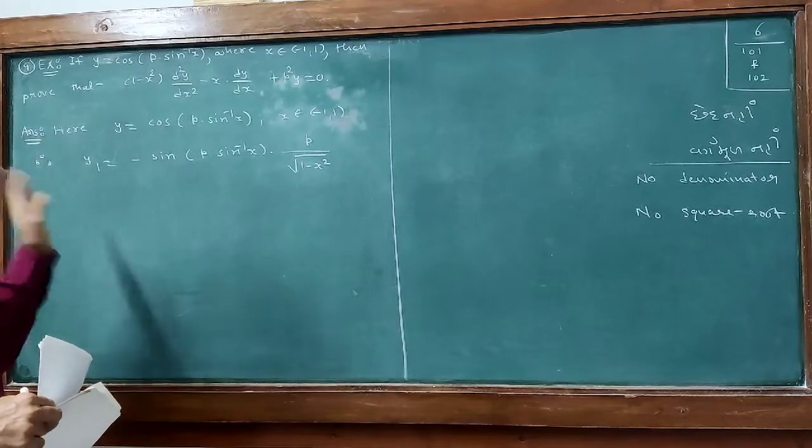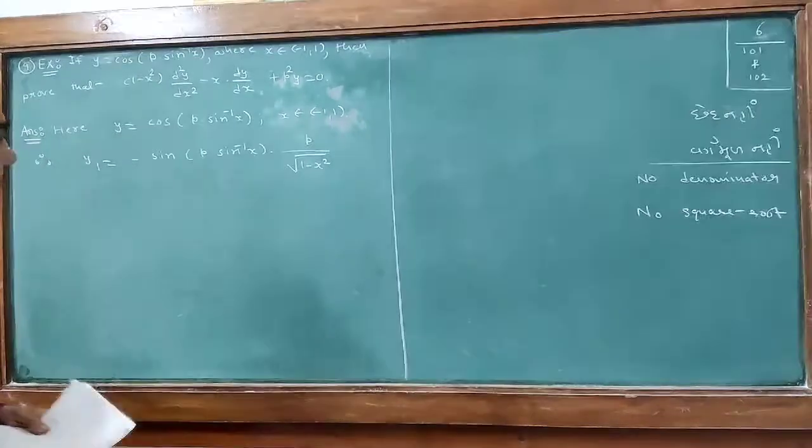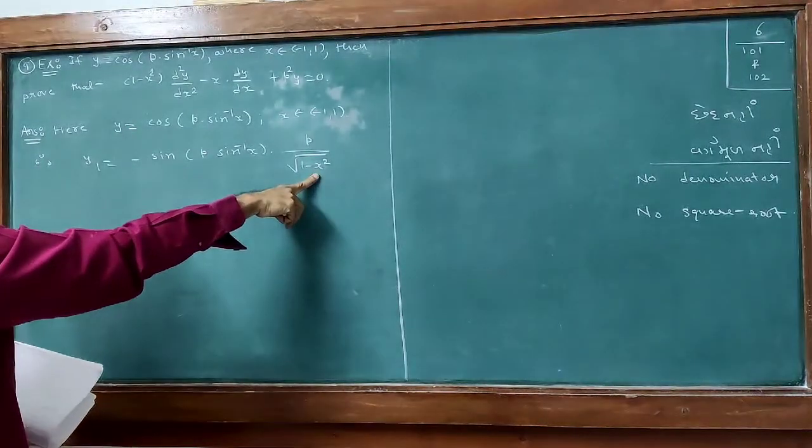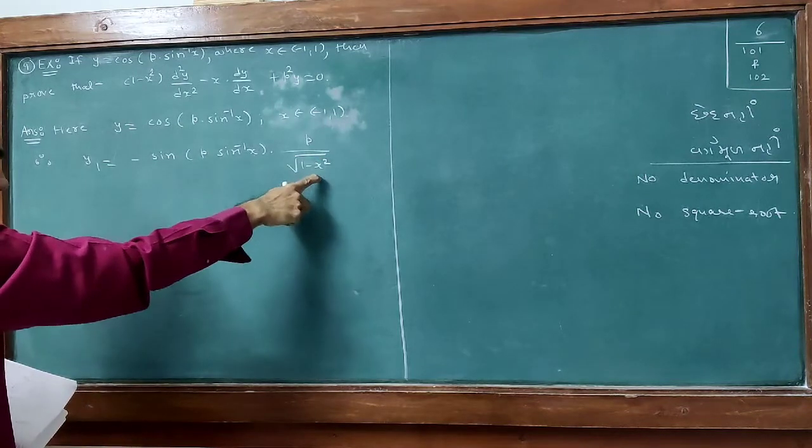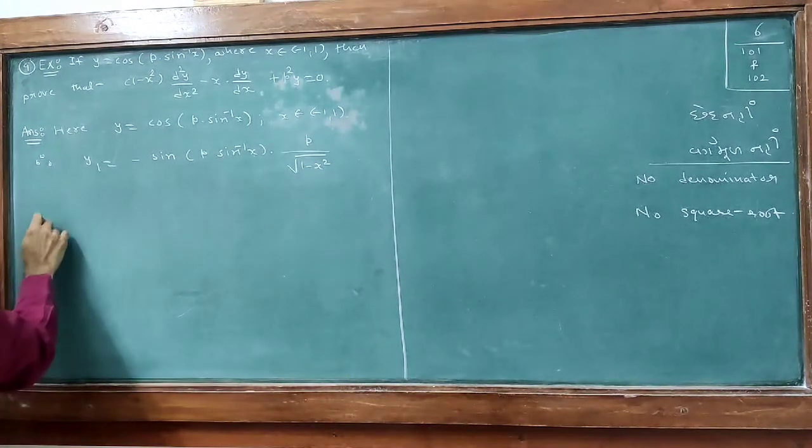This is the method to solve this type of sum. Here, the square root and denominator are multiplied on the other side.